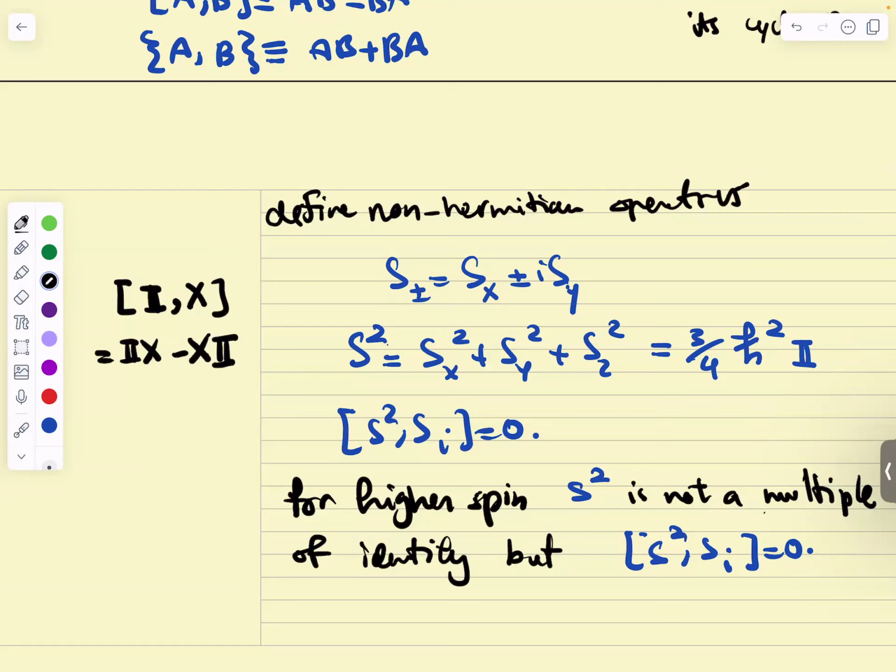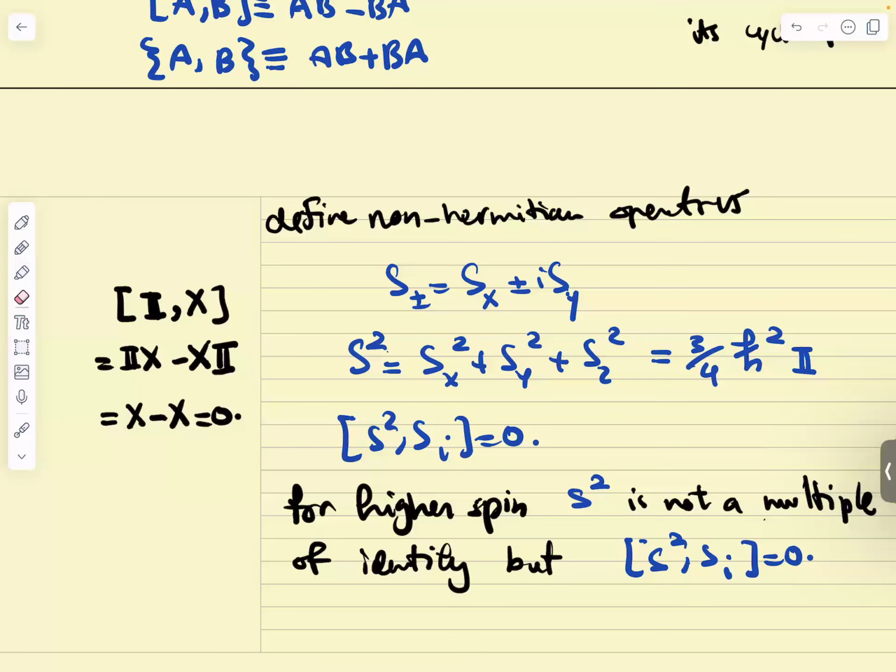It's just X. What is X I? It's X. So the identity and every matrix commute. Now, if you multiply the identity by a number, it goes through; the commutator is just that number multiplied by 0. So S squared, is that good? Make sense?